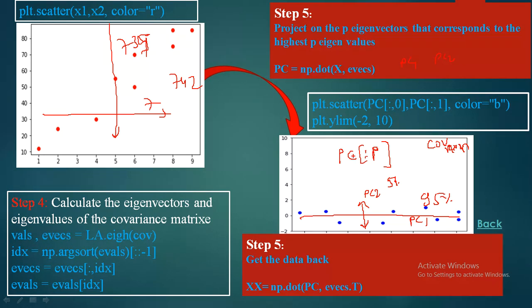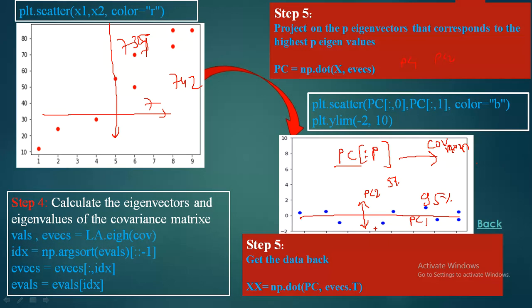So instead of considering all n principal components, you can consider only the first 10 principal components. That is up to you, and that depends upon the problem also. So this is the way we computed eigenvalues, eigenvectors and principal components. Once you have the principal components, you can use them for further analysis or for building any model.